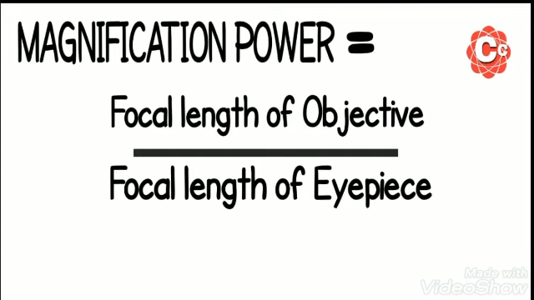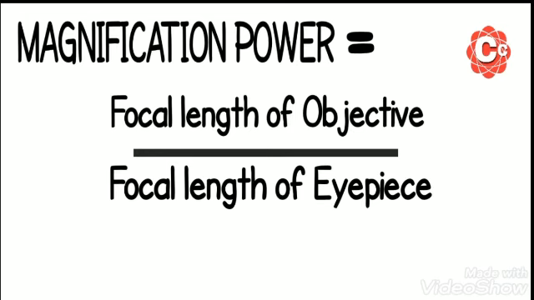So this is the rule of the magnification power: the focal length of the objective divided by the focal length of the eyepiece. The focal length of the objective means the focal length of the primary mirror, and the focal length of the eyepiece means the eyepiece which is used to focus on the astronomical bodies.